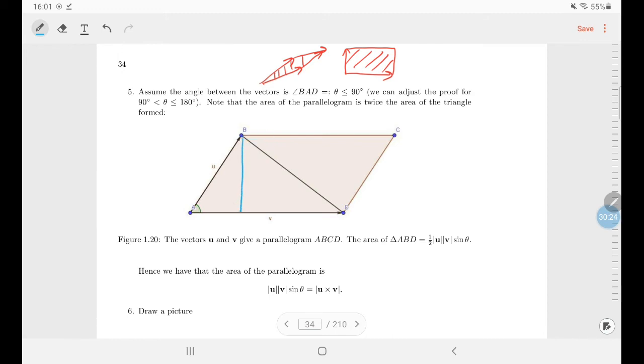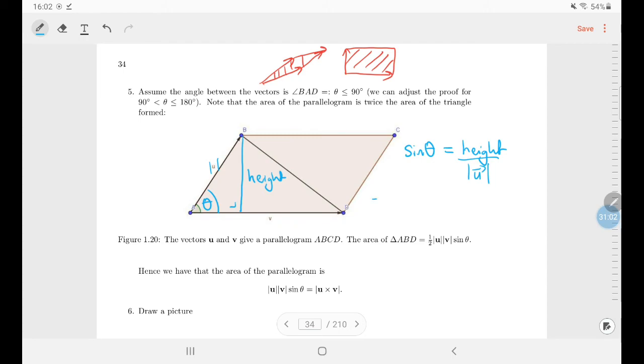And you can show that if this is theta, the angle between u and v, then in this little triangle, BAD, the sine of theta is the opposite, which I'm going to call h for height, not for hypotenuse, over the hypotenuse. And the length of the hypotenuse is the length of the vector u.